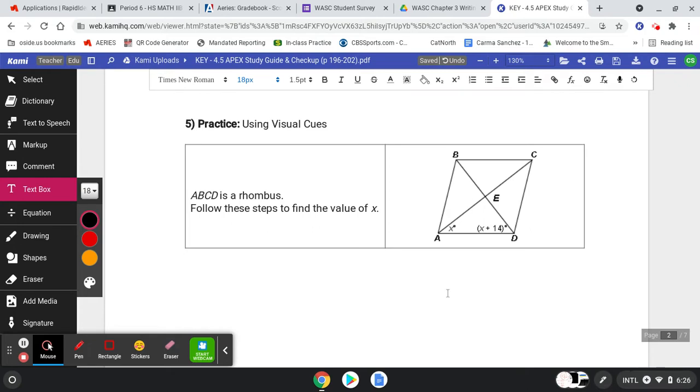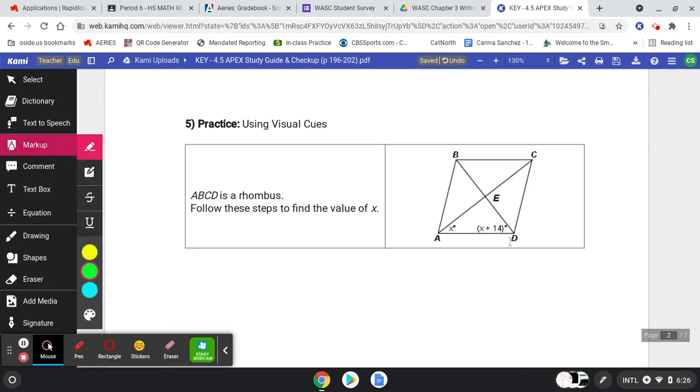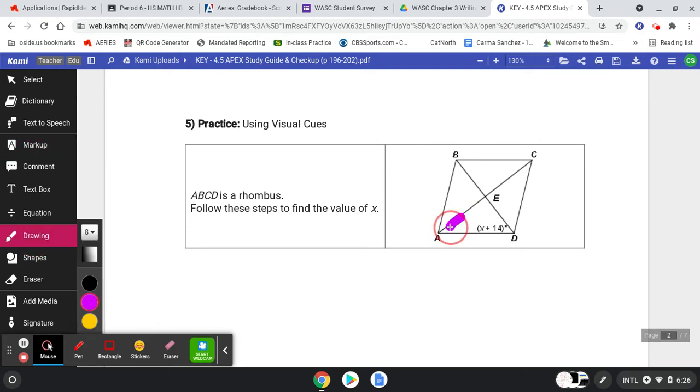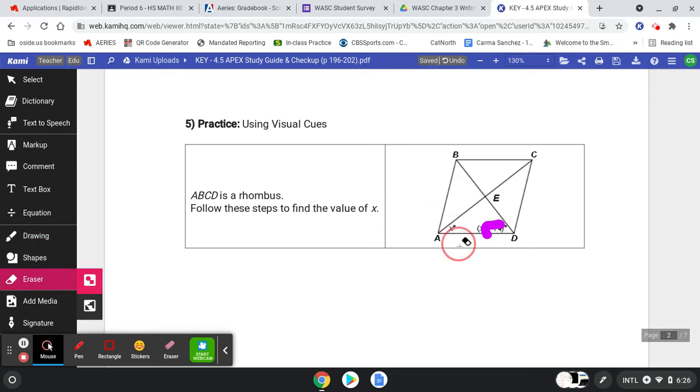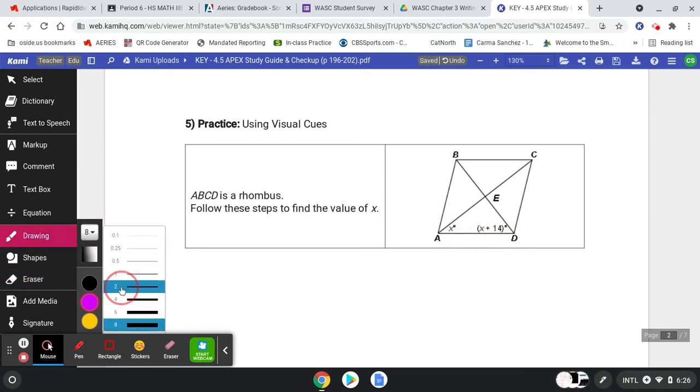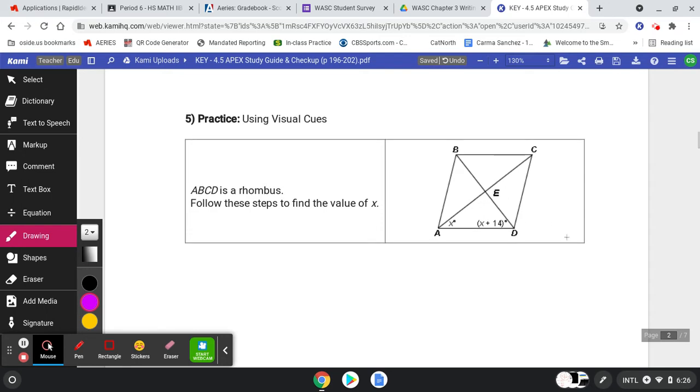Okay, so let's go look at a practice using this. So we've got this little X marked right here. We've got this little X plus 14 marked over here, right here, and right here. ABCD is a rhombus.